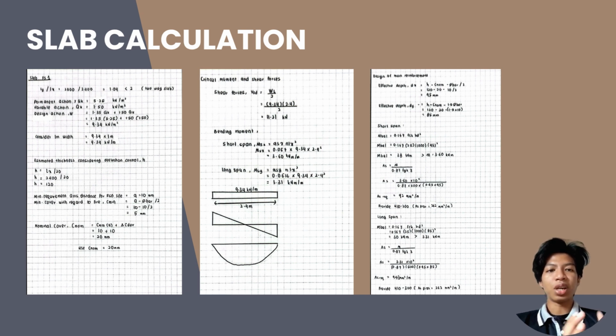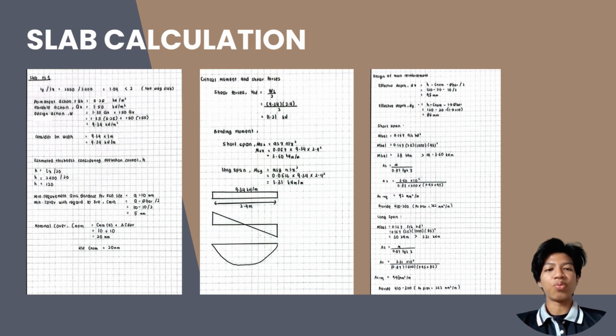Our long span M bar is 30 kilonewton meter, which is larger than 3.31 kilonewton meter. So we use 3.31 times 10 to the power of 6 over 0.87 times 500 times 0.595 times 85. So our AS required is 84.2 mm squared per m.